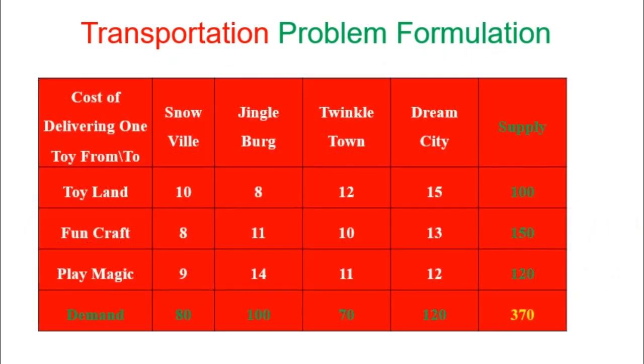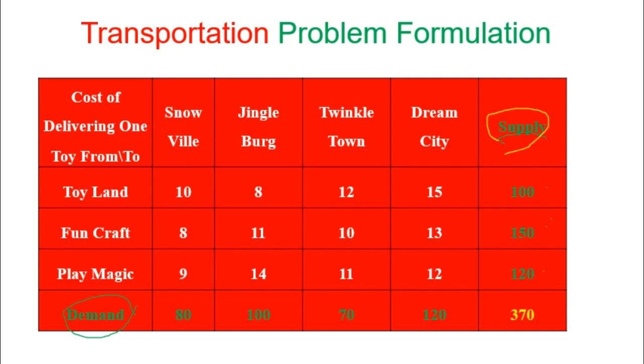So this is the transportation problem formulation matrix. Over here you can see we have written the supply quantities and the demand quantities. Whenever you have the supply column, you just calculate the values: 100 plus 150 is 250, plus 120, that is 370.